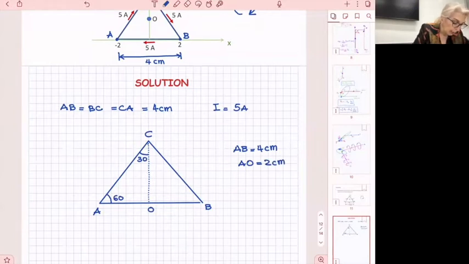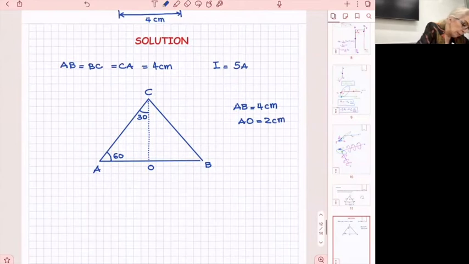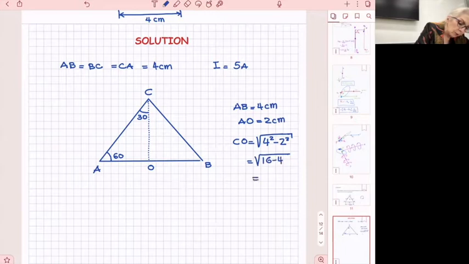And if AO is 2 centimeters and AC is 4 centimeters, then we know that CO will be the square root of 4 squared minus 2 squared, which is the square root of 16 minus 4, or square root of 12, in centimeters. That's going to be CO.